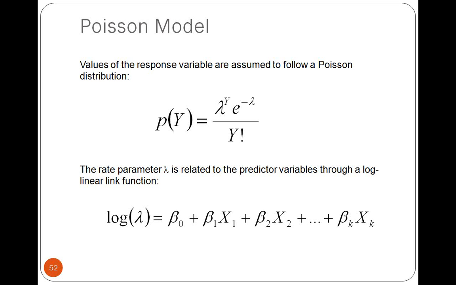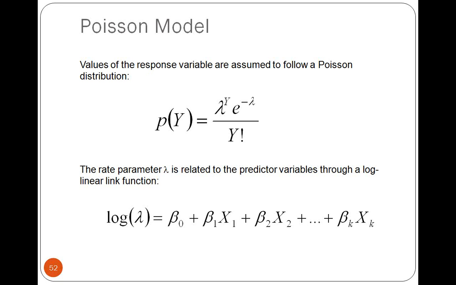If you've worked with a Poisson distribution before, that's what you'd be familiar with. What's going to be interesting here, though, is unlike a lot of cases with the Poisson distribution, the rate parameter lambda is not going to be constant. It's going to vary from mine to mine.